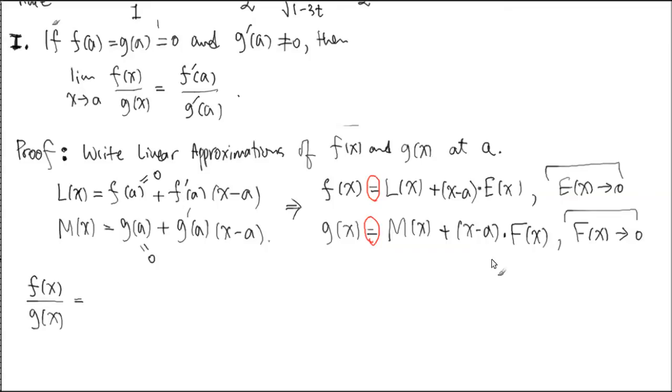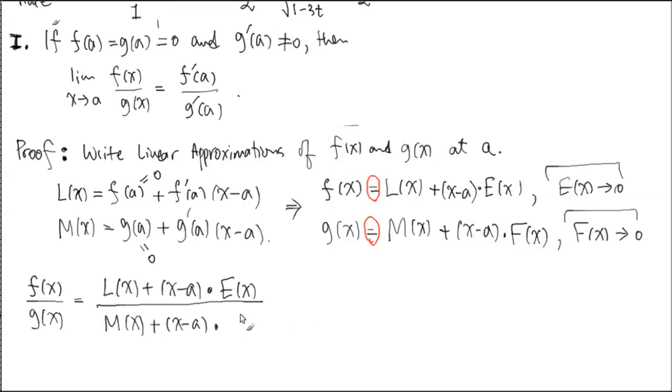Just like when we proved the product rule and quotient rule, the functional terms are broken into different pieces carrying this information. So Lx is up there plus x minus a times this error term. Right? That exactly replaces it. And mx is the linear approximation of the second function, plus x minus a times fx, which is the error term for the other function.